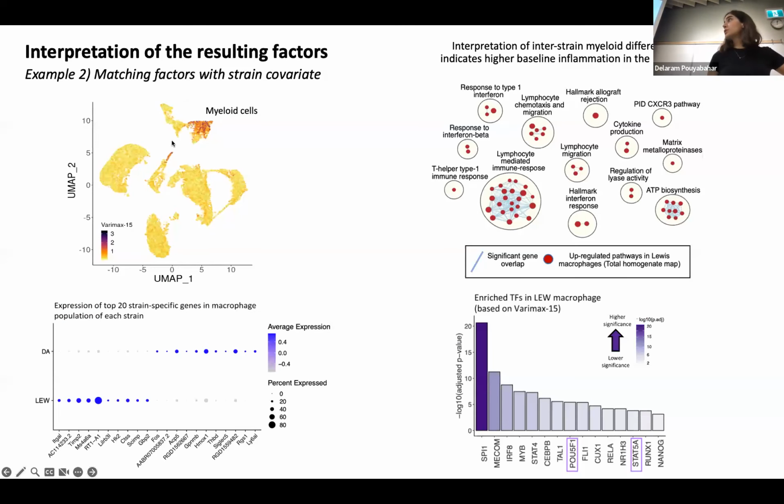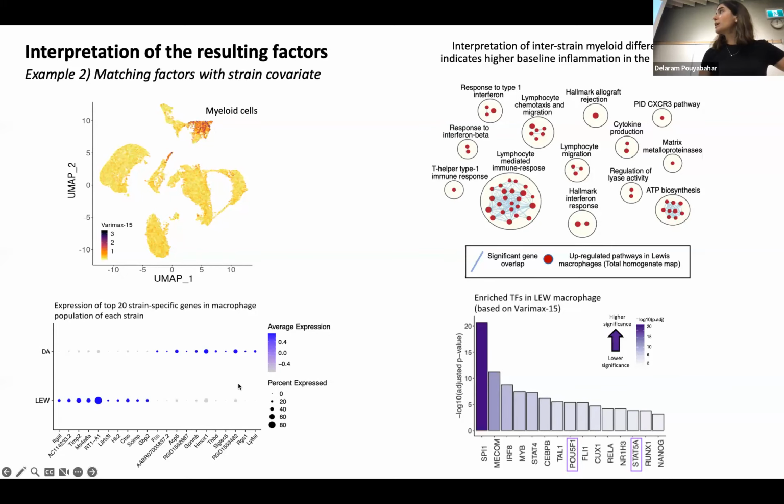If you map those scores into the UMAP, you can see very clearly that they're aggregating here. If you annotate this map, you'll see that it's a myeloid cell or macrophage population with Marco positive, which means non-inflammatory.